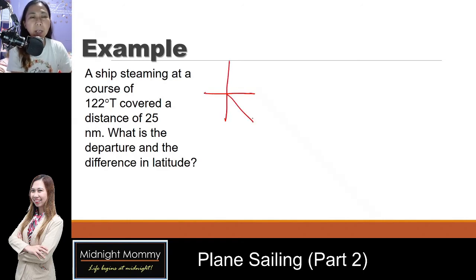Okay, so, more or less, nandito yung ating 122 degrees na angle na galing dun sa course. So, kung kukunin ko ito, yung right triangle na to, okay, so, ito yung inverted type. So, ilalabas ko siya dito para mas madali kong makita yung mga sides. So, ito yung departure, ito yung dilat, ito yung D, and then ito yung angle theta.